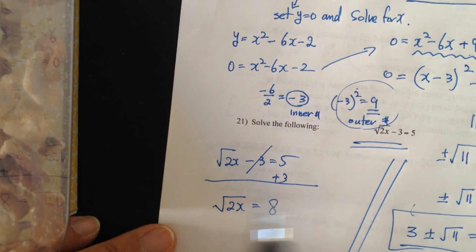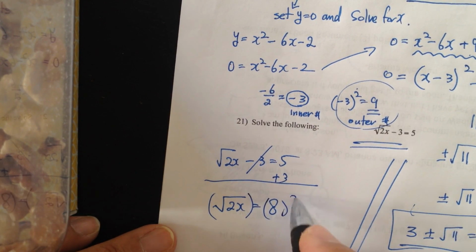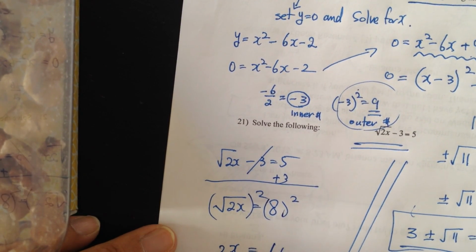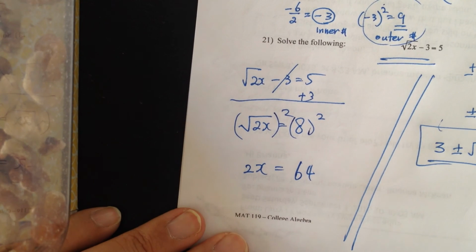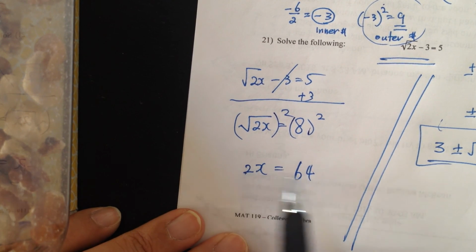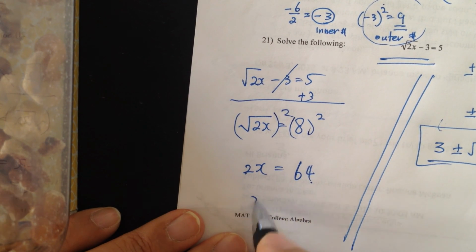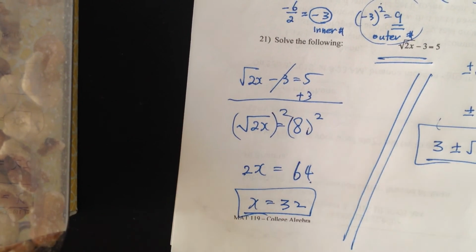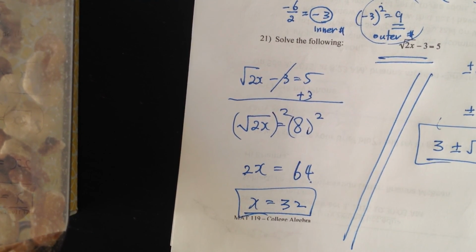And you're going to square both sides. And divide it by 2. Done. So 21 is relatively simple, as you can see. Okay.